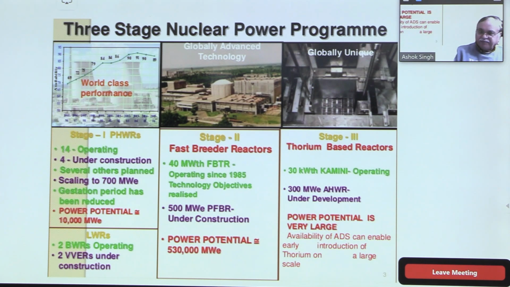Third stage, extremely advanced technology, not developed anywhere in the world till now. So first stage is the practical stage, the second stage is what we are currently developing, and third stage is what we are planning and hoping in the future.